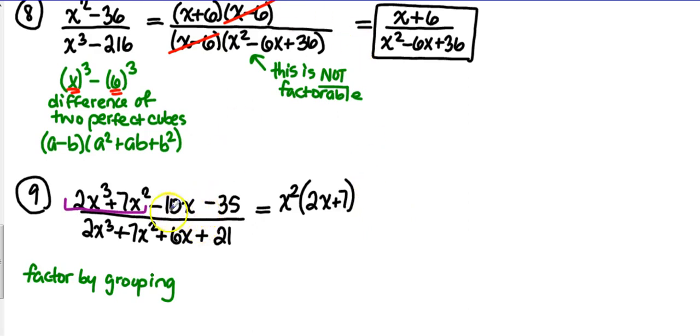And now looking at the second group, what can I factor out of negative 10x minus 35? From that, I am able to factor out a negative 5, which will leave behind 2x plus 7.